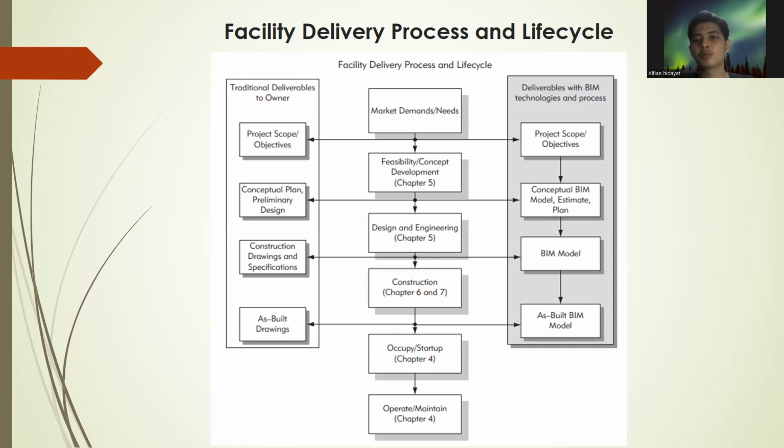In the deliverable with BIM technology and process, there is a process project scope, a conceptual BIM model, an estimate plan, a BIM model, and as-built drawings. At the center of the facility delivery process, there are market demand needs, facility concept development, design and engineering, construction, startup, and operate and maintain.